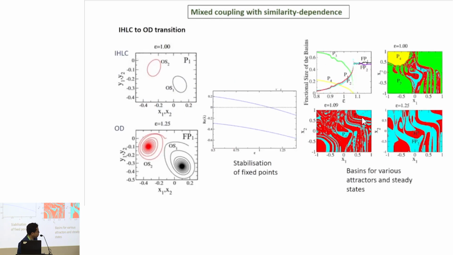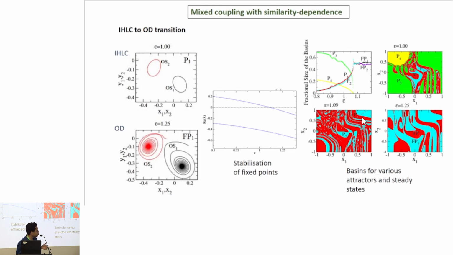This is a depiction of the process of inhomogeneous limit cycles to OD transition. As you can see, at epsilon equal to 1.0, the 2 oscillators are oscillating around 2 different fixed points. And when we increase the parameter value beyond a certain threshold value, they settle into 2 fixed points.